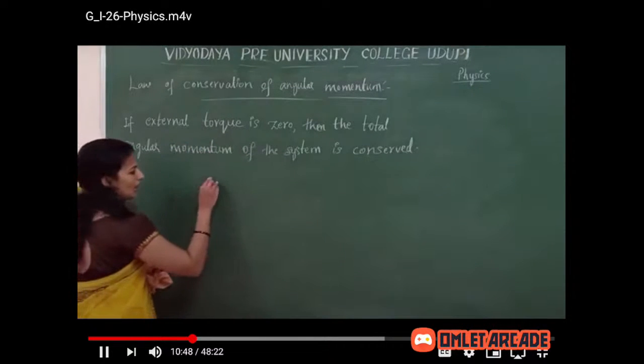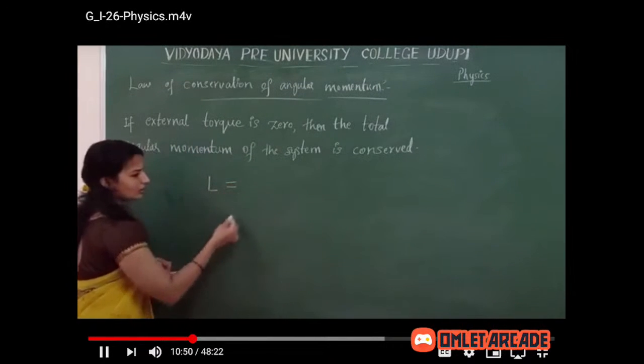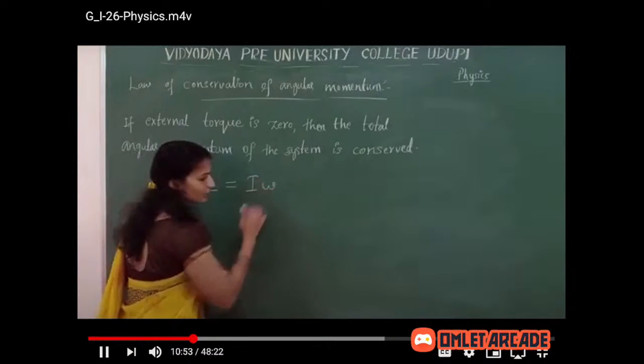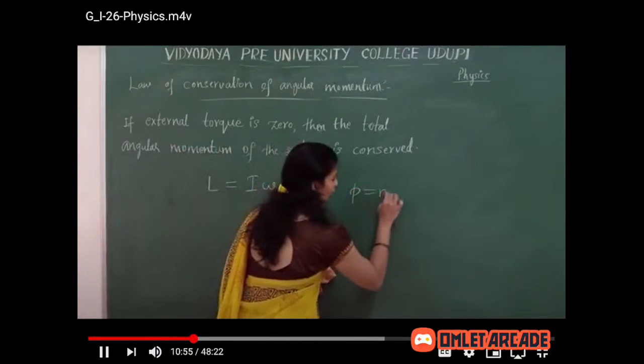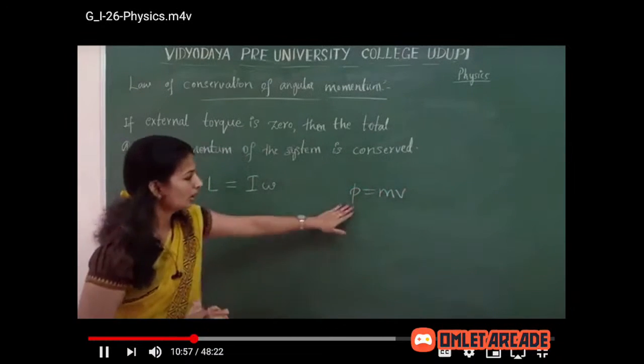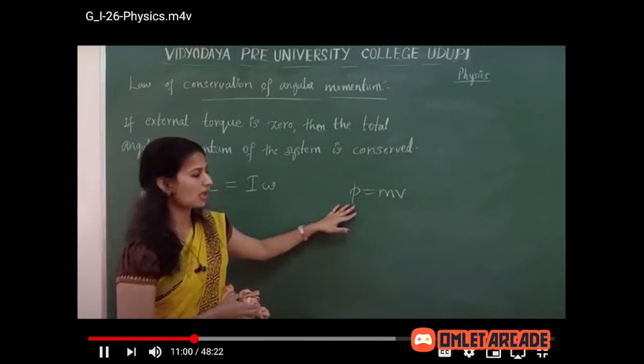That means we can write angular momentum is equal to I omega, right? It is similar to P is equal to mv. This is our linear momentum expression, right?